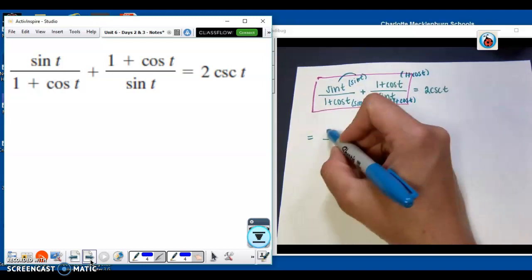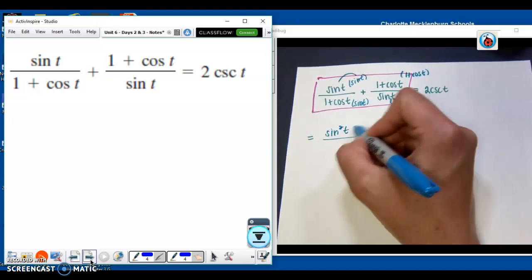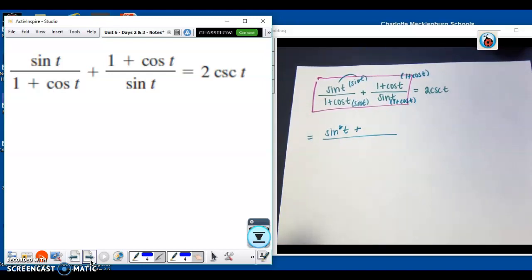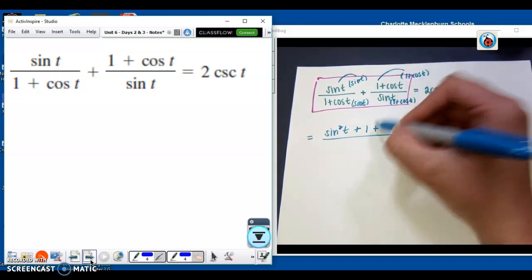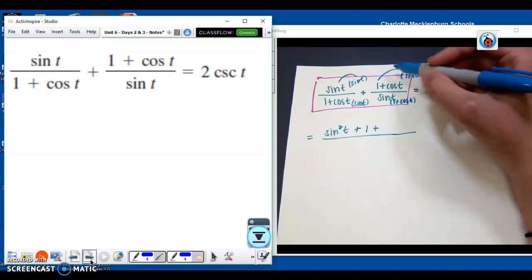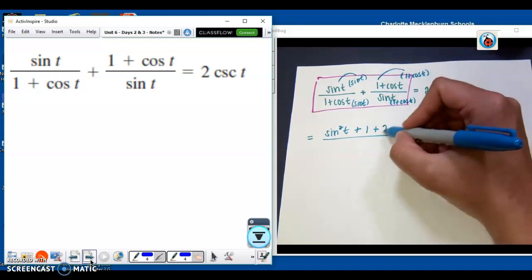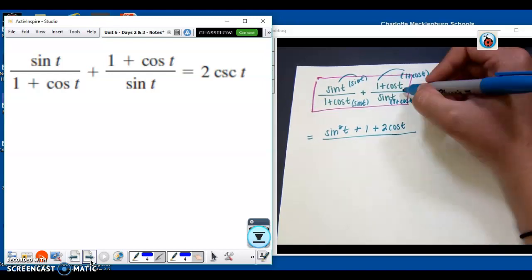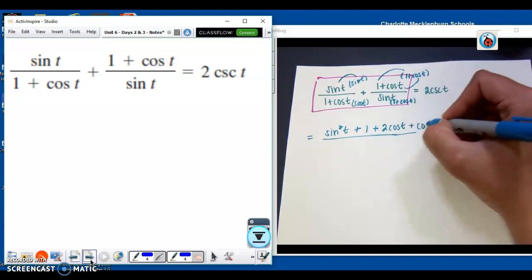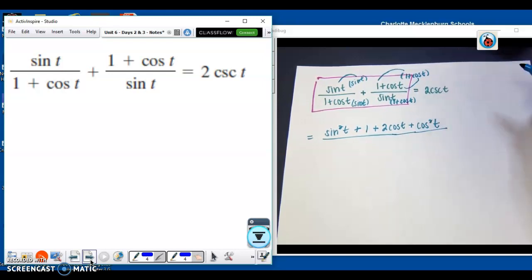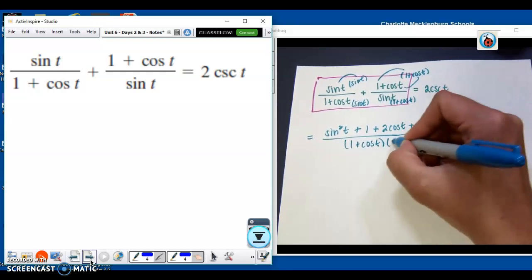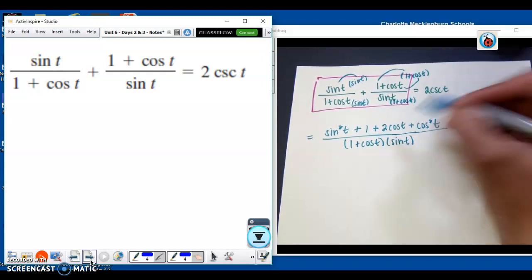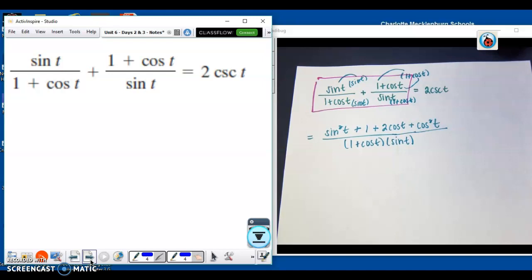Sine times sine will give me sine squared t plus, and then if I multiply all this out, this will be 1 plus, because we'll have cosine t and cosine t, we'll have 2 cosine t's, and then plus cosine squared t. And then I'm not going to multiply out the denominators. So we have 1 plus cosine t and sine t in the denominator.